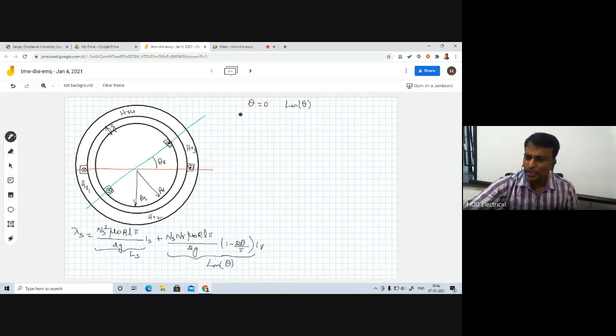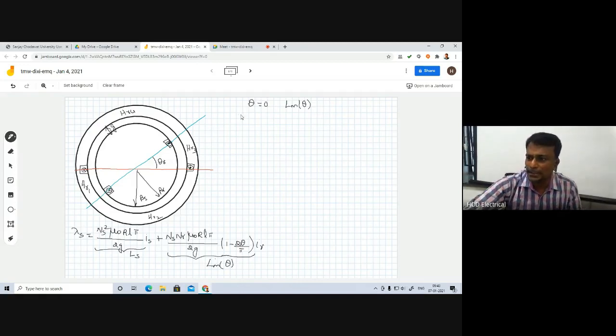But the mutual inductance depends on the rotor angle. Why is it mutual inductance? This is the stator flux linkage, and it has the number of turns in the stator as well as the rotor, and the current which is flowing through the rotor. So it is the mutual inductance of the stator due to the current flowing through the rotor.